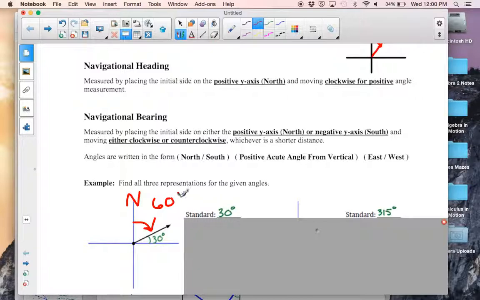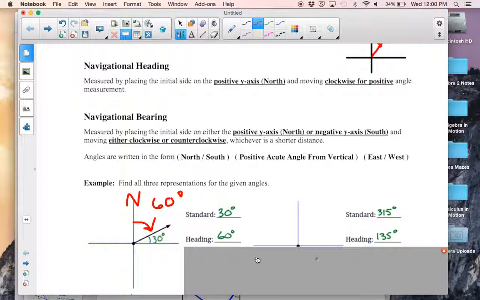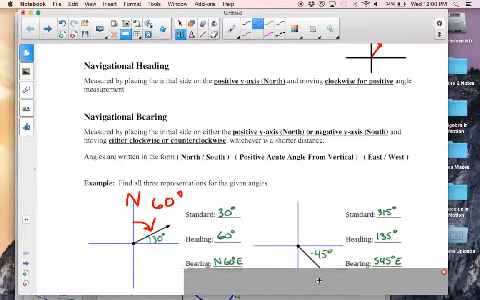So your heading would be 60 degrees. Now your bearing, remember your bearing is always going to start at north or south, whichever it is closer to, and then it's going to go either east or west, whichever is closer. So here you say we're at a bearing of north, 60 degrees east.